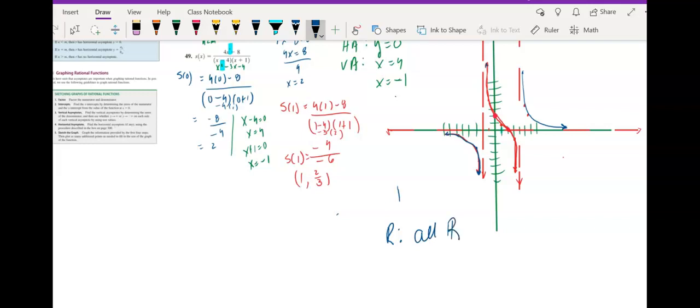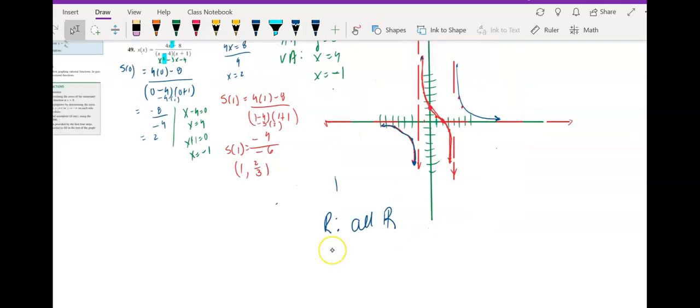But let's go ahead and talk about the domain. The domain is x such that x cannot equal, and our asymptotes are -1 and 4. All right, I think that's it for the range and domain.